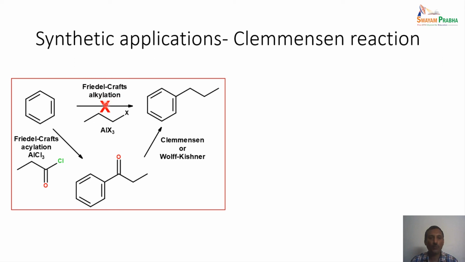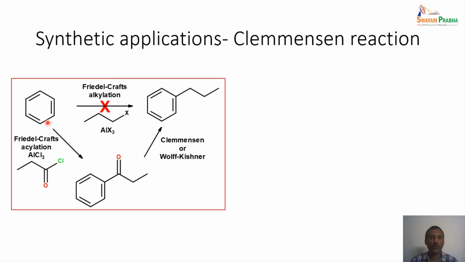To circumvent this problem, we can first do the Friedel-Crafts acylation reaction on the aromatic system. Whenever we introduce an acyl unit, it deactivates the aromatic ring from further acylation, so we can avoid polyacylation. Second, this also does not undergo any rearrangement.